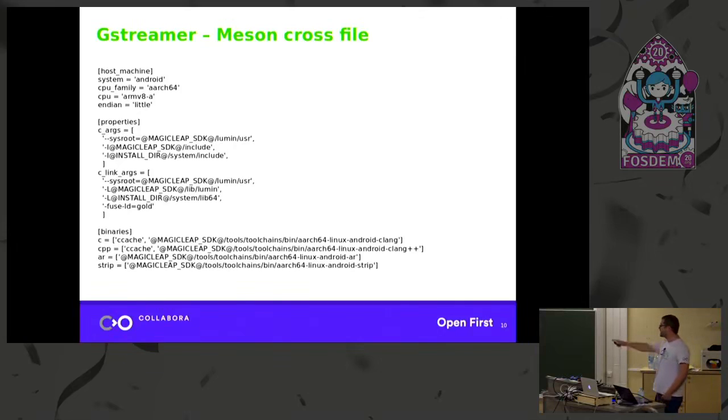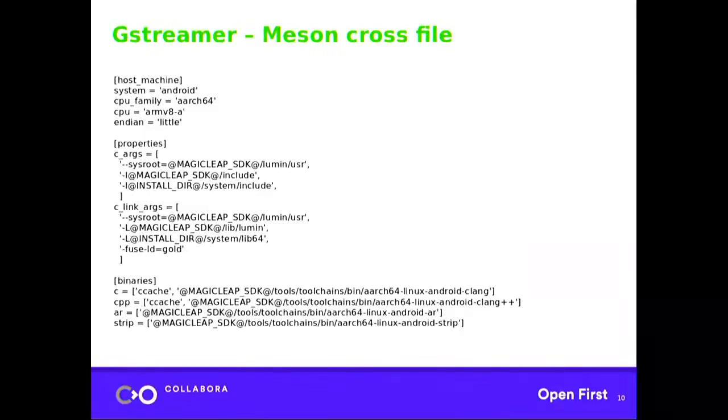At the beginning, I was using this file that was actually processed by sed, just to replace all the variables before passing that to Meson. But spoiler alert, I have a merge request on Meson to support that kind of syntax inside Meson itself. So you don't have to repeat all the full path where you installed your toolchain anymore.